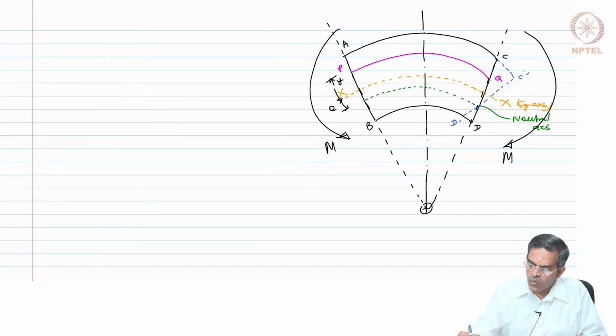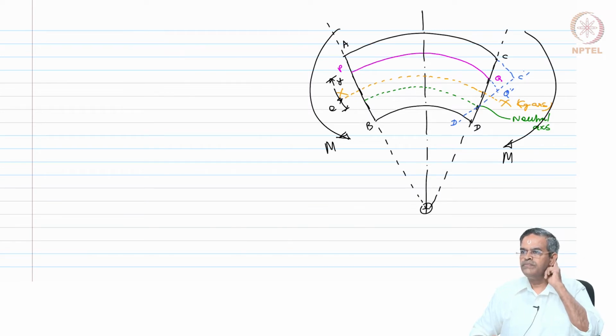So, Q will also get extended to Q dash. Okay. So, we call this angle as delta d phi.